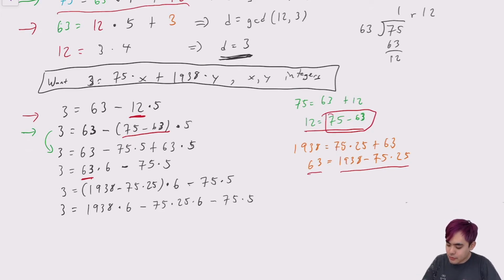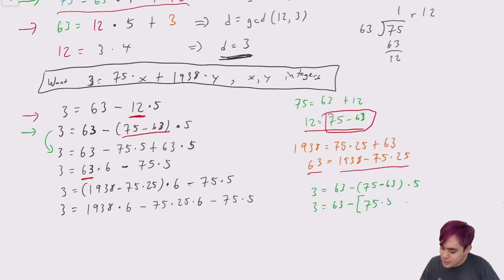So let's expand that out. So we have 3 is equal to 63 minus 75 minus 63 times 5, right? So now we're going to use the distributive property. So 3 is equal to 63 minus, if the distributive property is 75 times 5 minus 63 times 5, right?